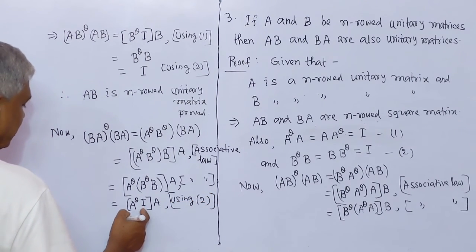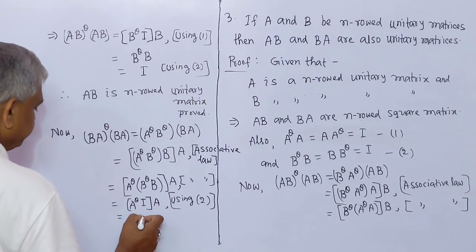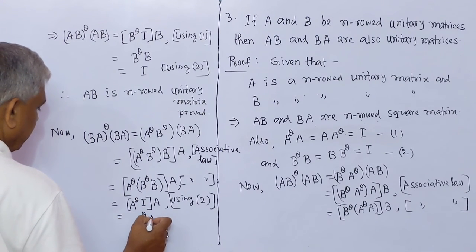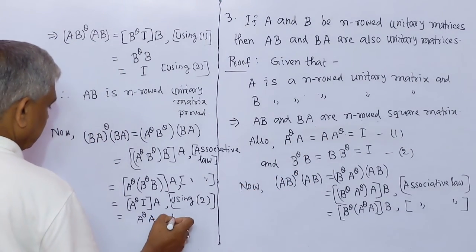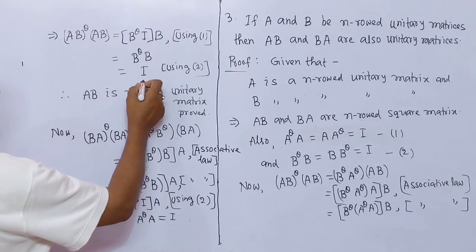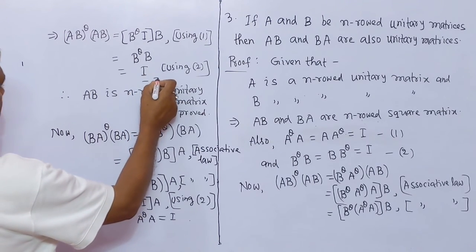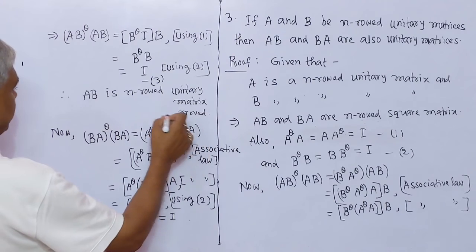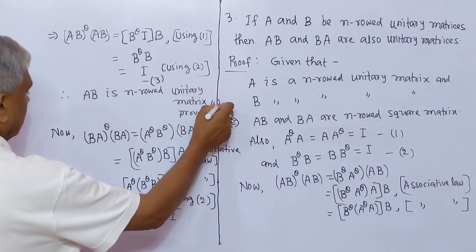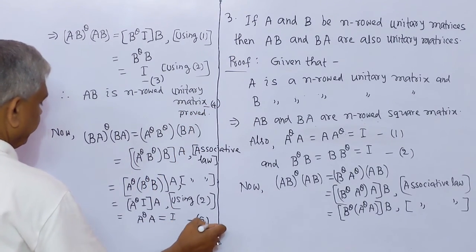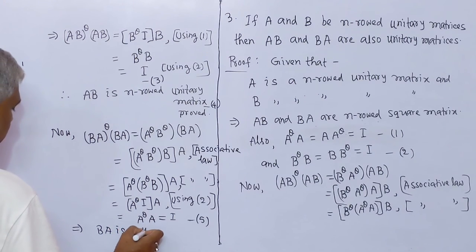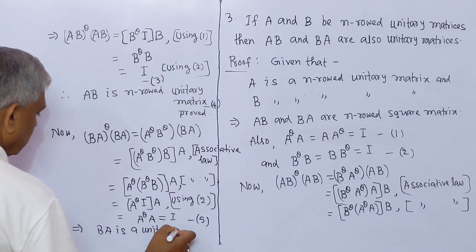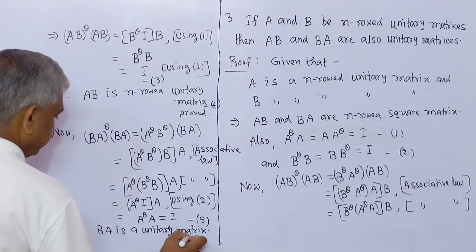A theta multiply unit matrix is A theta multiply A. Here using 1, this is unit matrix I. This is number 3, this is number 4, this is number 5. Implies that BA is a unitary matrix. Proved.